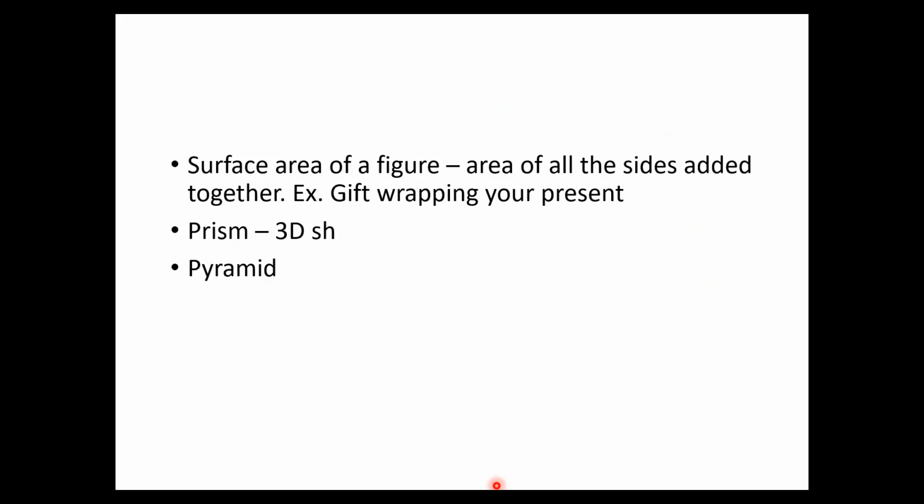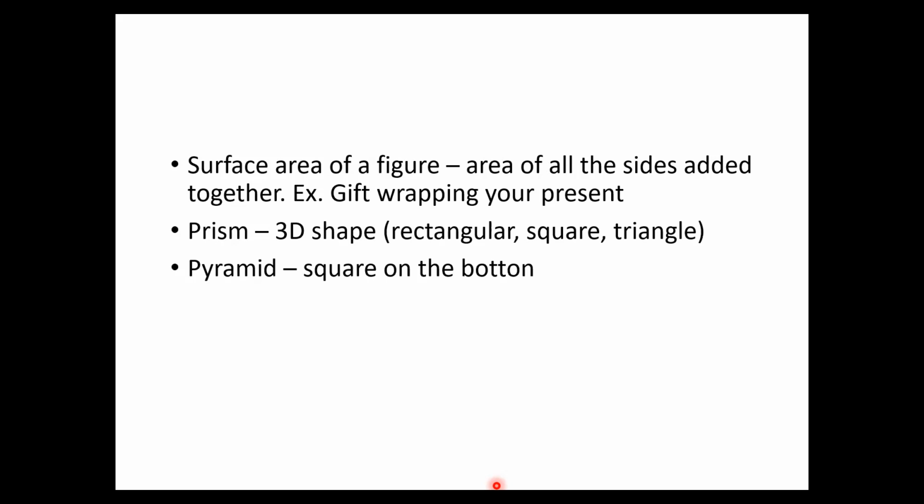A prism is a 3D shape, and that could be rectangular, square, or triangular, okay? A pyramid is a square on the bottom and triangles on the sides.